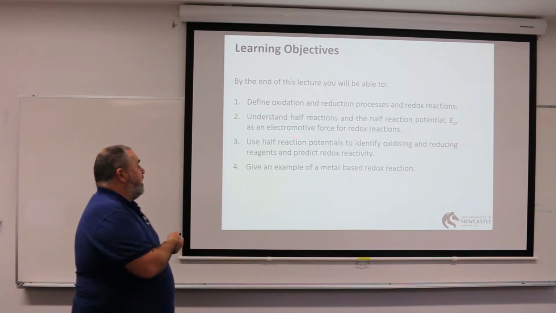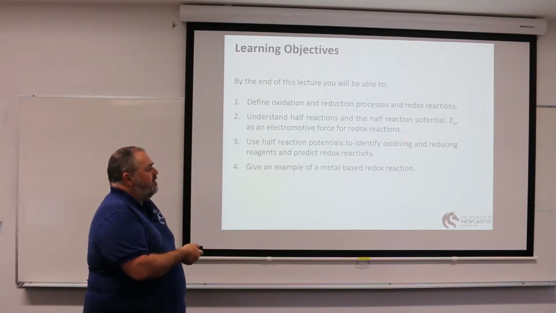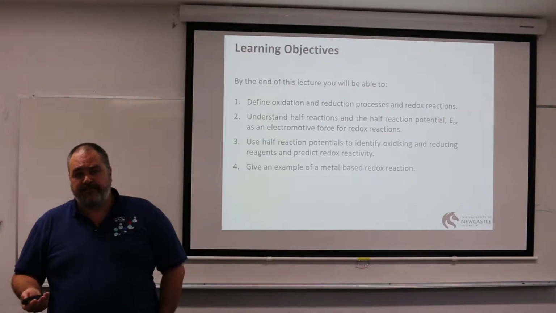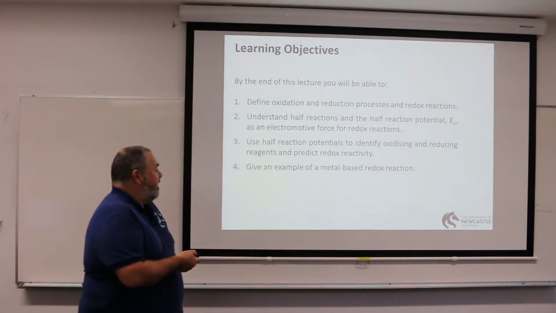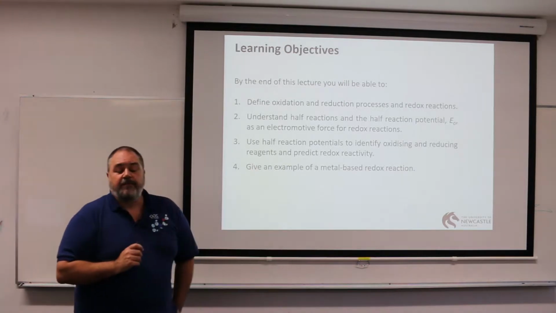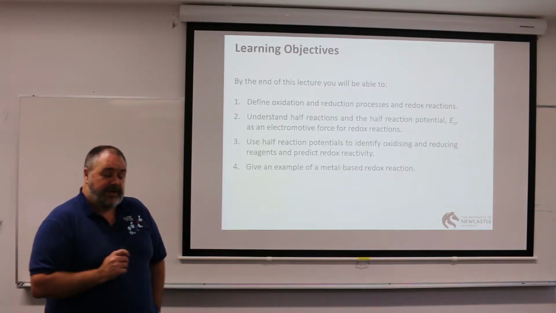We're going to look at half reaction potentials and use them to identify oxidizing and reducing reagents and also to predict overall reactivity of redox reactions. And finally, if the gods be willing, we're going to get an example of a metal-based reduction reaction occurring.